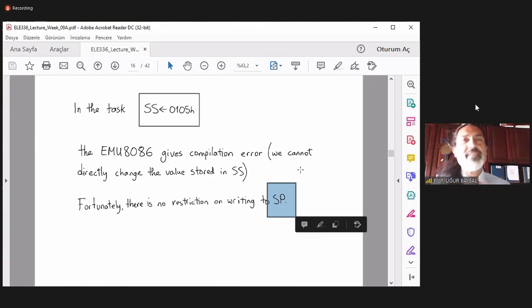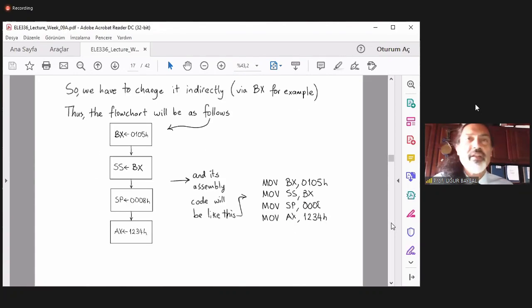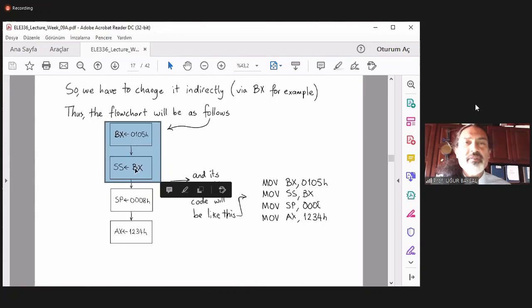For example, for the SP or stack pointer register, you can directly write any data to it immediately. So we have to change it indirectly via BX, for example. That means we use BX as a dummy register to store the data and then copy the same data to the stack segment register. So instead of 1 line of code, we require 2 lines. Well, that's inevitable.